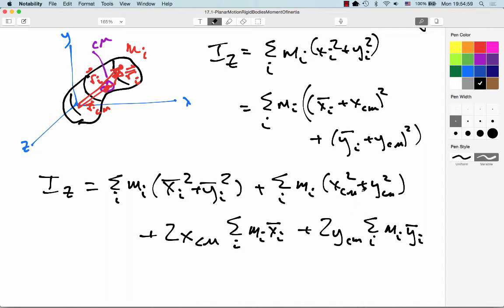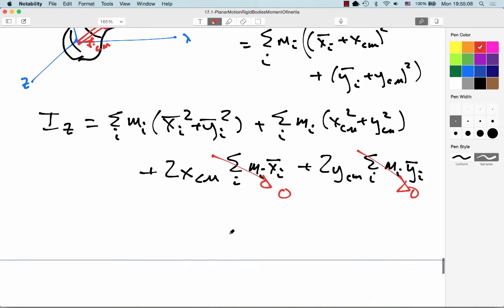But these two terms I don't have to sweat. They both go to 0 because the sums are locating the center of mass with respect to the center of mass, so that will be 0. More interesting is to interpret the remaining two terms, 1 and 2.